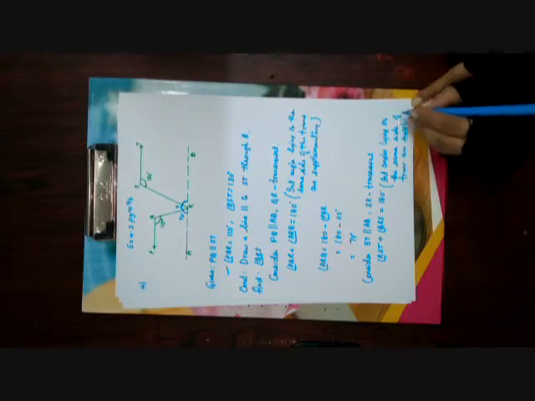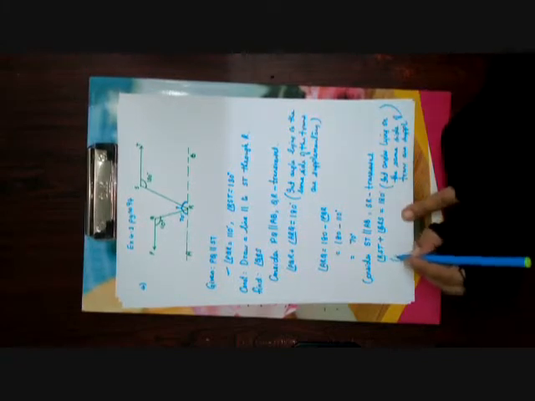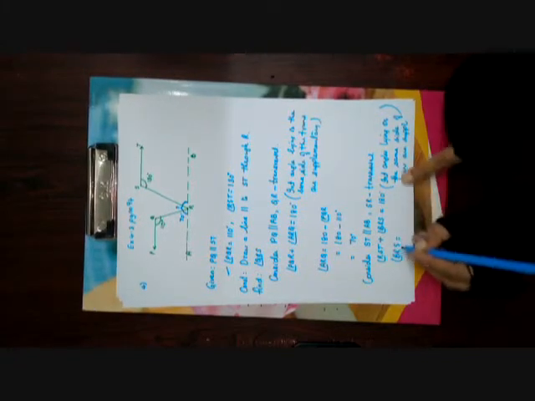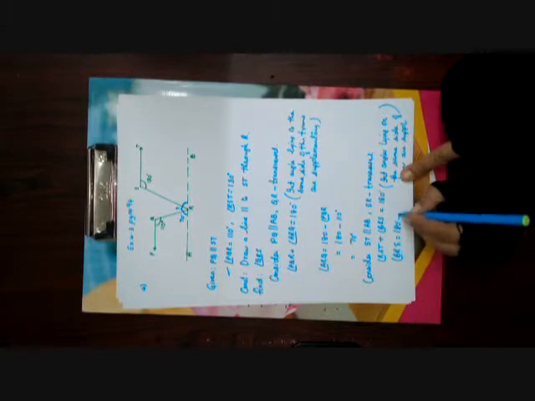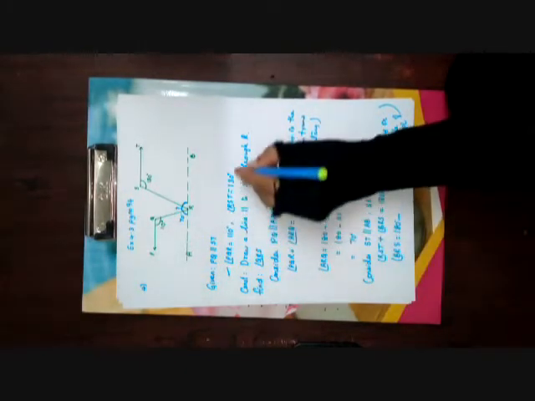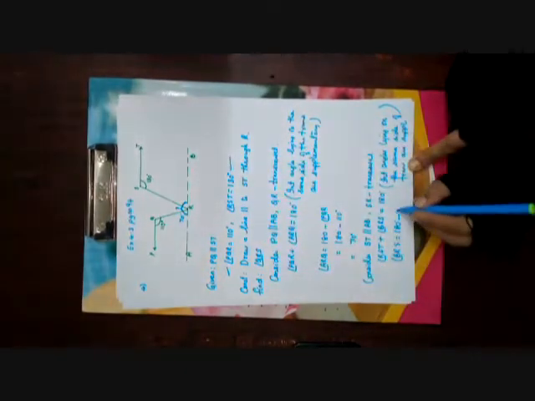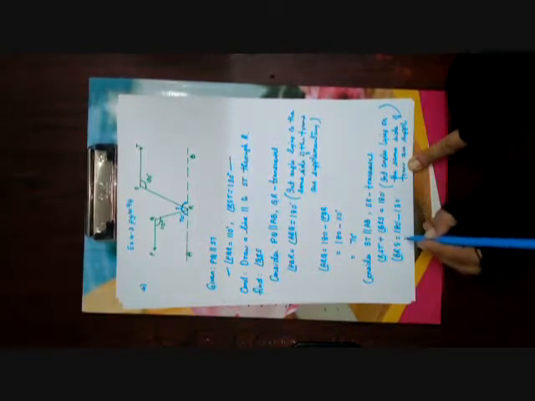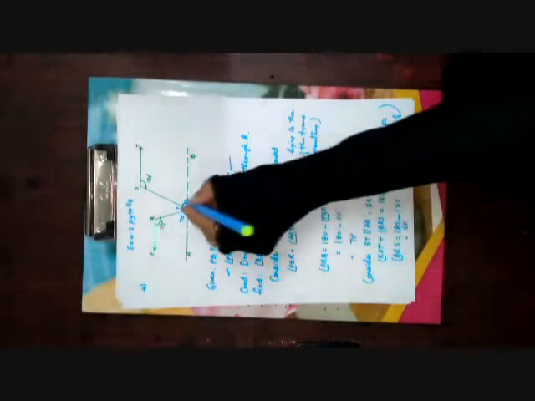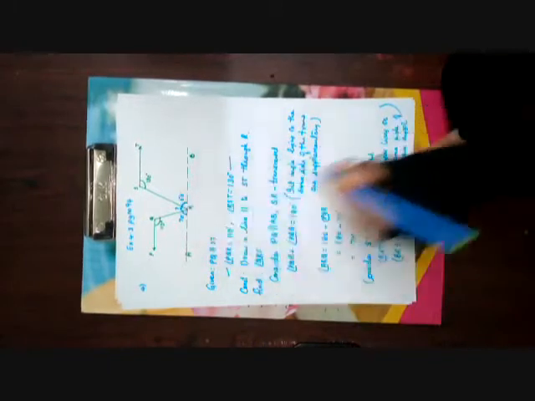Okay children, with this we will find angle BRS, that will be equal to 180 degrees minus angle RST. What is angle RST? Angle RST is 130 degrees. Therefore that is nothing but 50 degrees. Hence we have found this angle as 50 degrees.